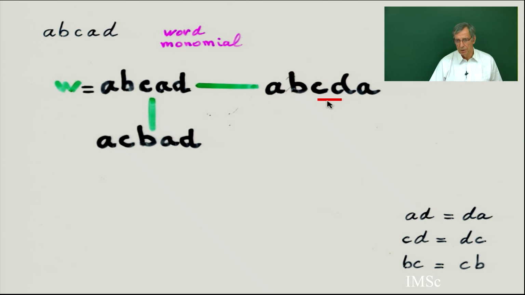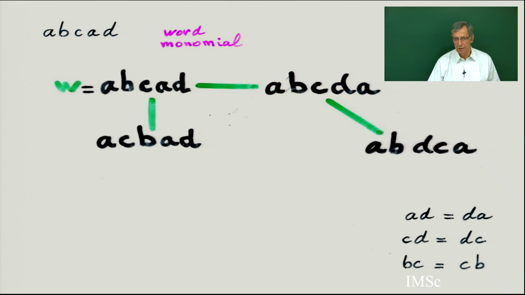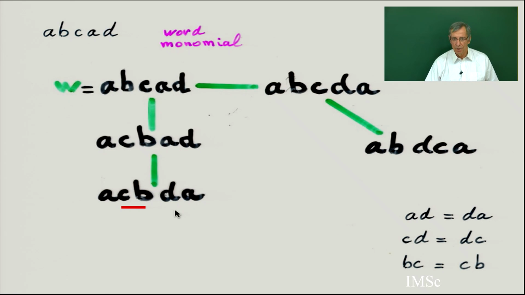Now I can commute C and D, CD equals DC, you get this word. Also, if I go back here, A and D, I can commute them, and I get DA. I can again try, for example here, CB is going to be equal to BC, and I get back this word.